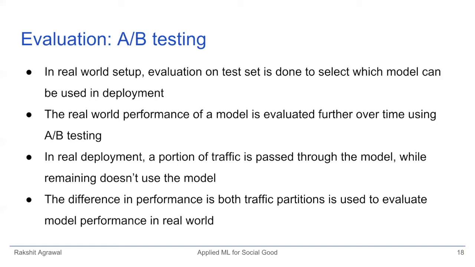So this means that there was no learning solution. Maybe there was some, but at least there was no autocomplete machine learning solution, and they introduced it. So now they are seeing whether a user without that solution is using it in a better way or not. And I think in Gmail in particular, I've seen so many features coming in and going away. I think it's heavily using A/B testing.